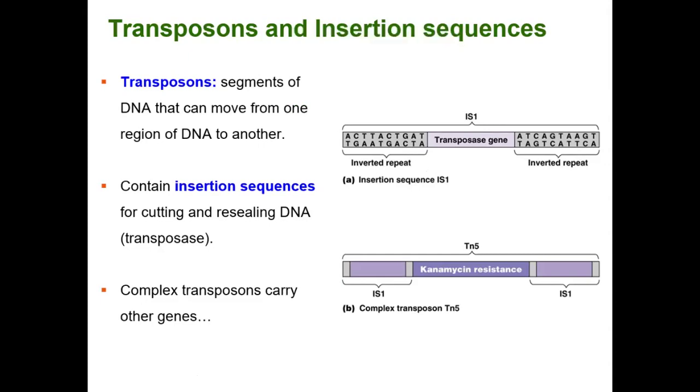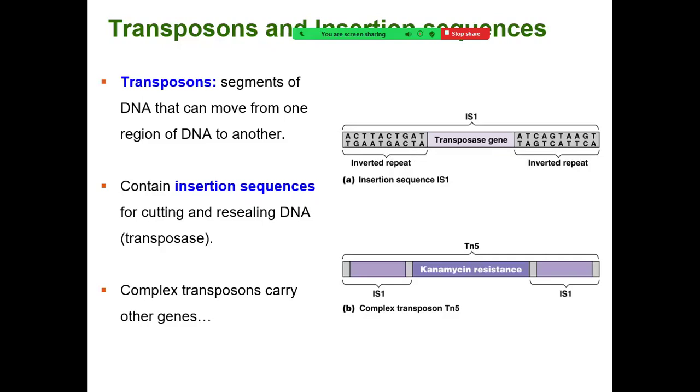So the transposase gene literally codes for an enzyme that cuts the transposon out of the DNA. So it cuts it here and here, and then finds a new region to move into, and then cuts open that DNA. And then the inverted repeats help the transposon move into the new location.